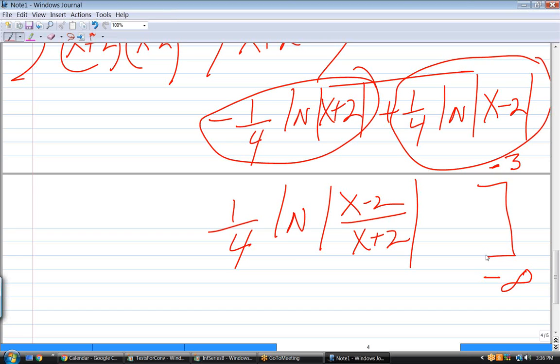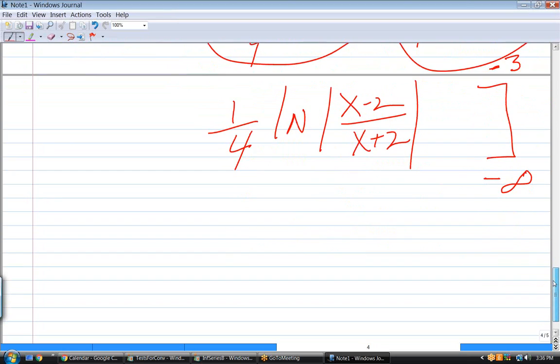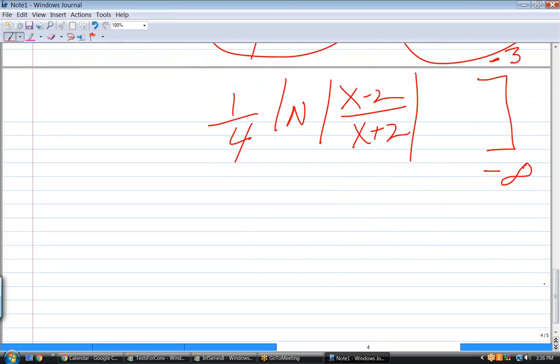Now, this is where I was talking about how it's pretty easy to evaluate without using this technique that she wrote. Just plug in the numbers.